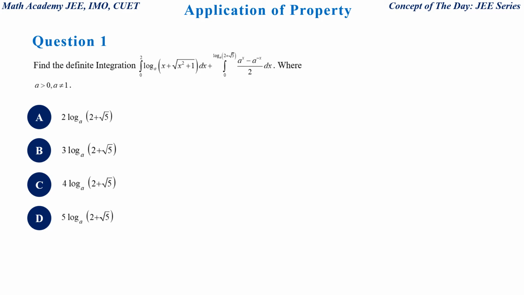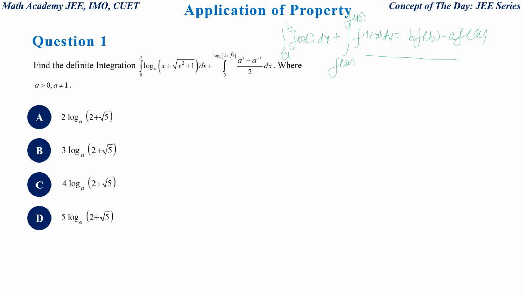So let's recall our property: the integral from a to b of f(x) dx plus the integral from f(a) to f(b) of f inverse x dx will be equal to b times f(b) minus a times f(a). This is our property.